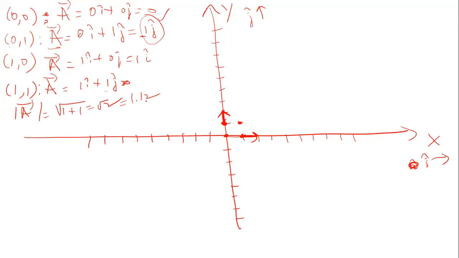Now here, the vector 1i is something like this, and the vector 1j is something like this.